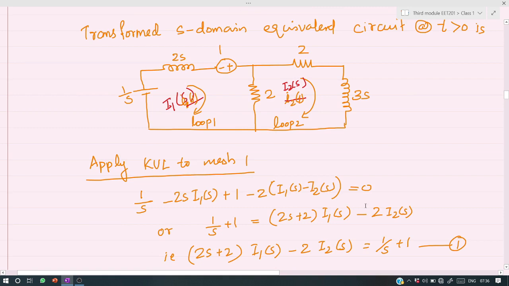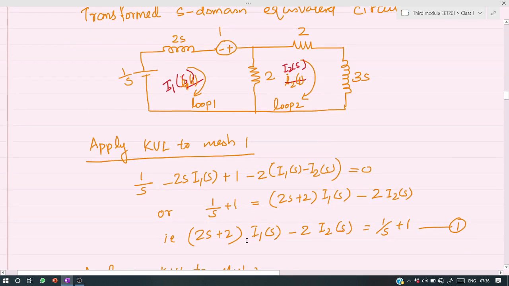Rearranging the coefficients of I1 of S and I2 of S, this equation can be written as 2S plus 2 into I1 of S minus 2 into I2 of S is equal to 1 by S plus 1. Let it be equation number 1.